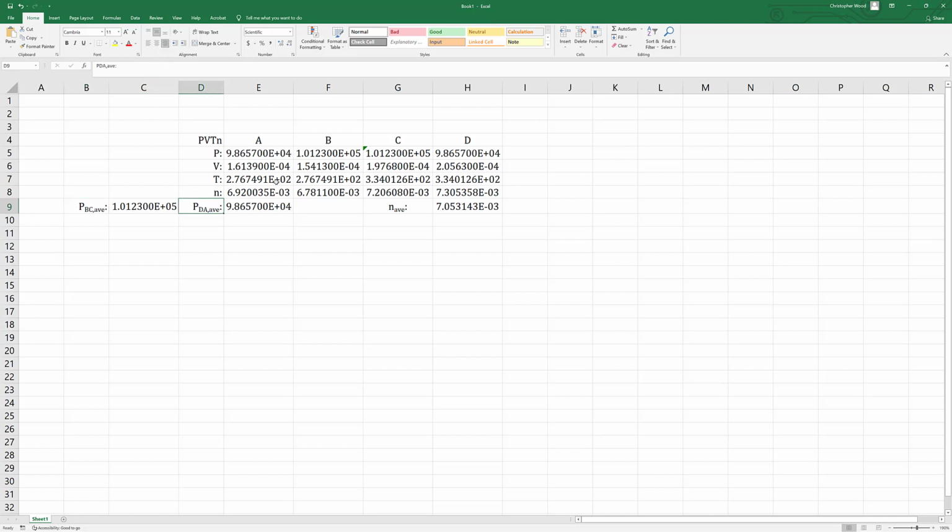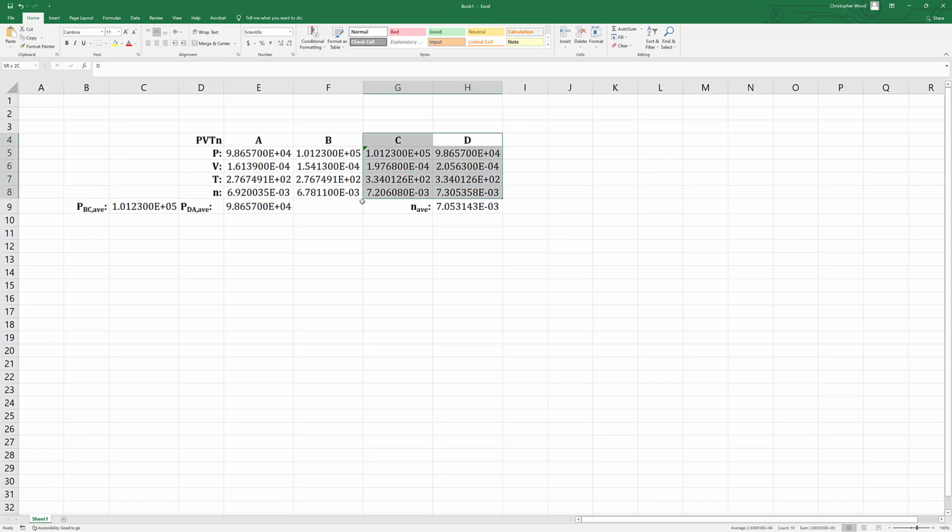Let's right justify PDA average, which I think is already done. Let's right justify number of moles, the average number of moles, colon, done. Let's bold column headers, done. Let's bold row headers, done. Let's bold PBC average and PDA average and N average.